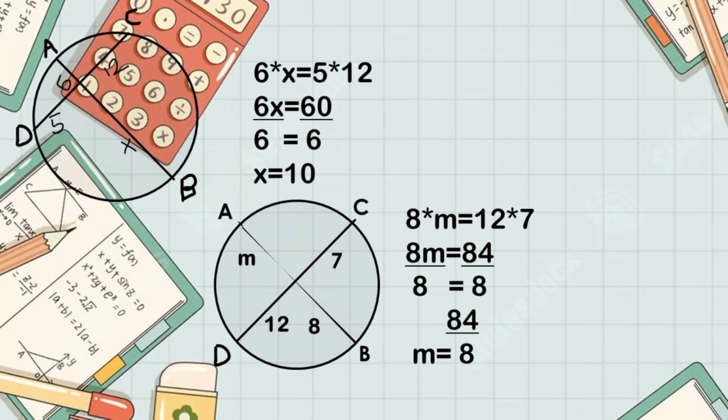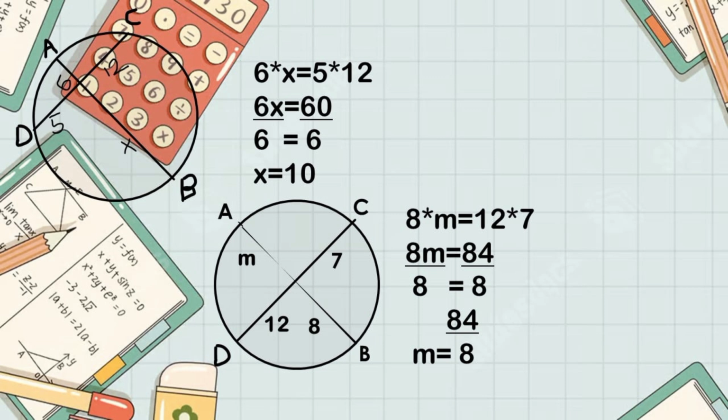In the second example, AB and CD: A to B is M and 8, so A is M and B is 8. They can change their directions. So A times B, or 8 times M, equals 12 times 7, or D times C. So 8M equals 12 times 7, which equals 84.